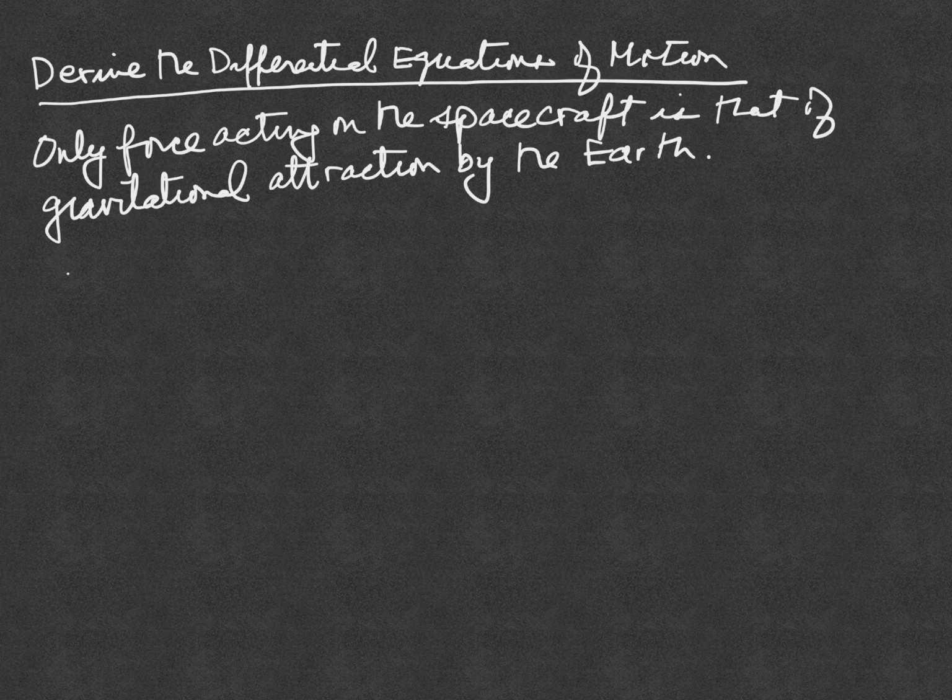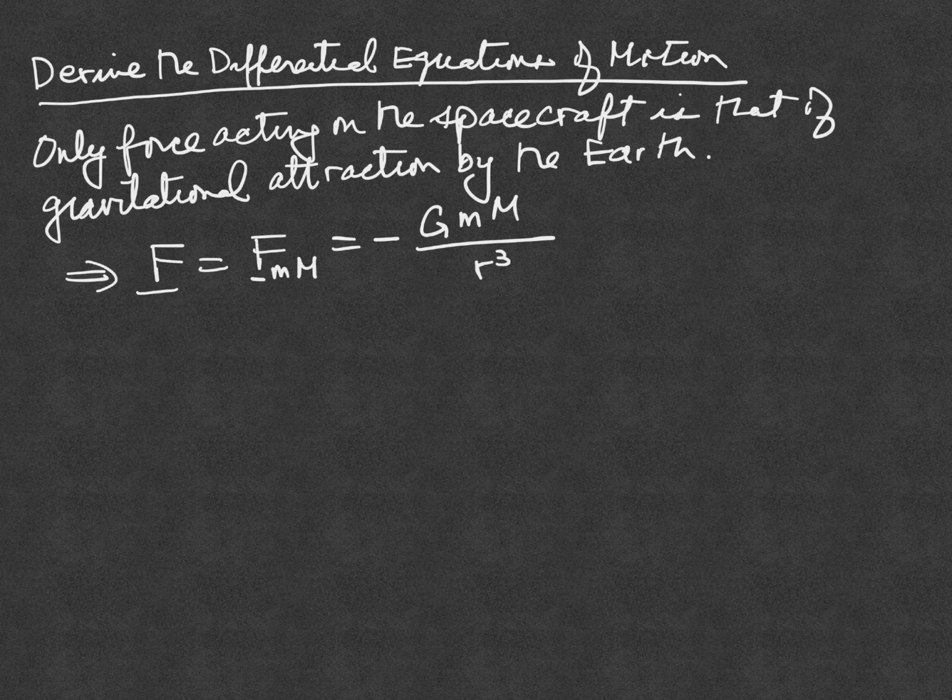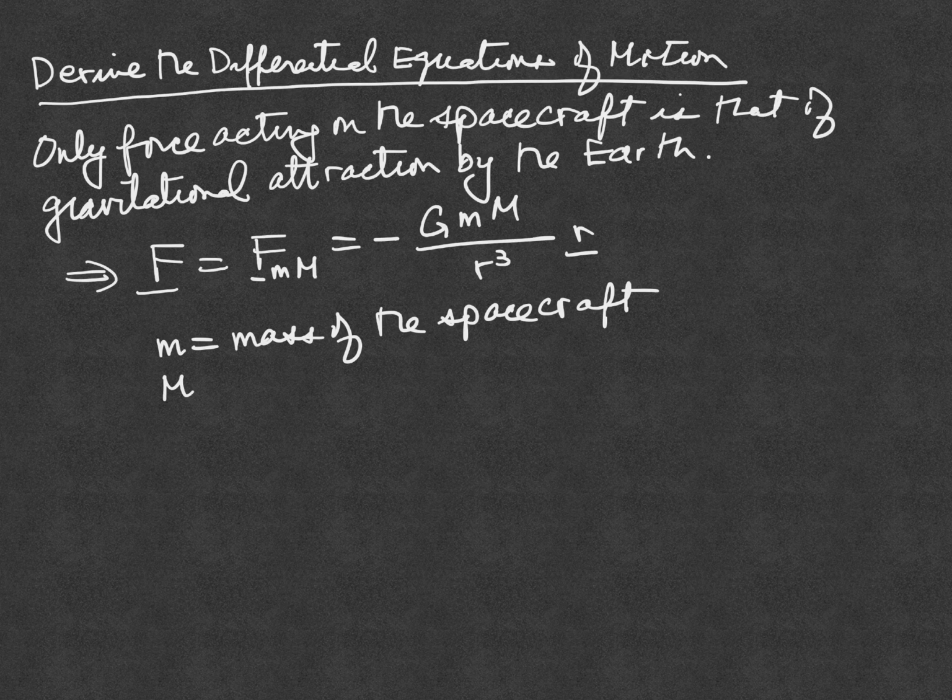What that implies is that the force is equal to the force of gravitation, which is the force of big M on little m, which is equal to minus G times little m big M over r cubed times r, where little m is the mass of the spacecraft and big M is the mass of the Earth.